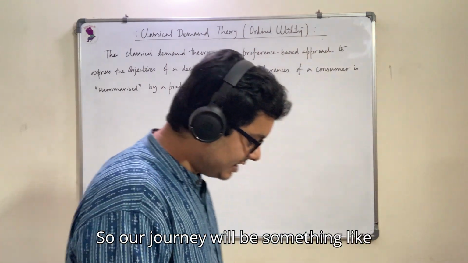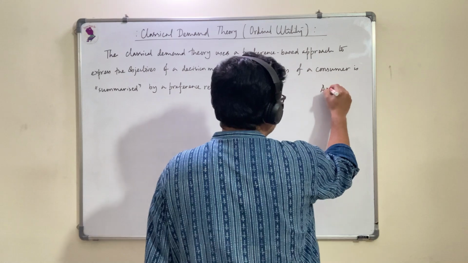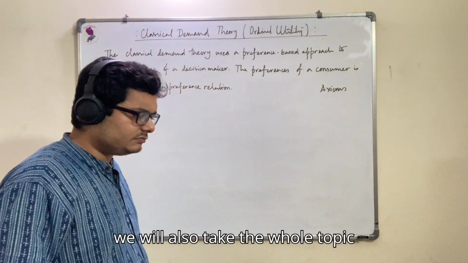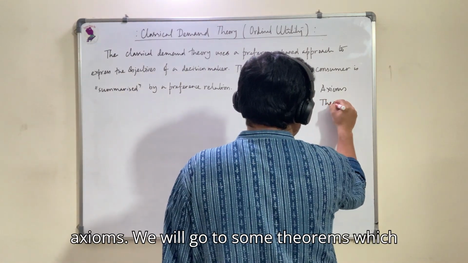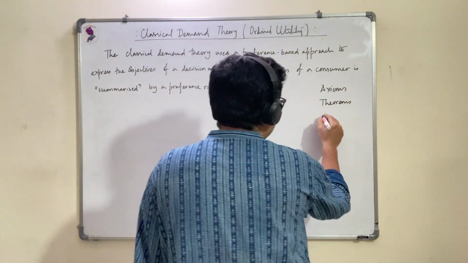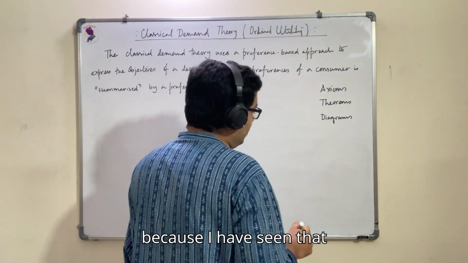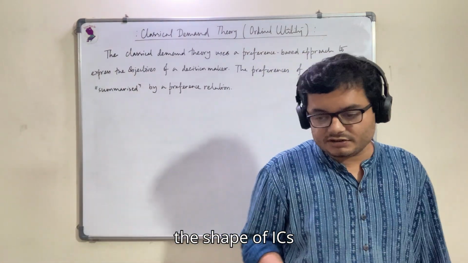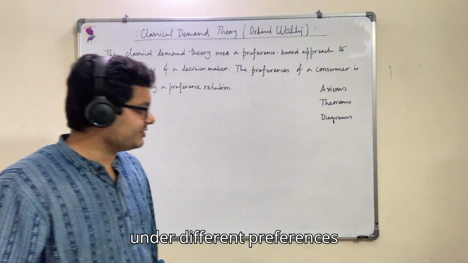Okay, so our journey will be something like this. We will start with axioms, that is today's class, and it's a long topic, so we will take the whole topic in parts. We'll go from axioms to some theorems, which will also be taught in today's class. Then the diagrams of IC, because I have seen that most students get confused about the shape of ICs under different preferences.